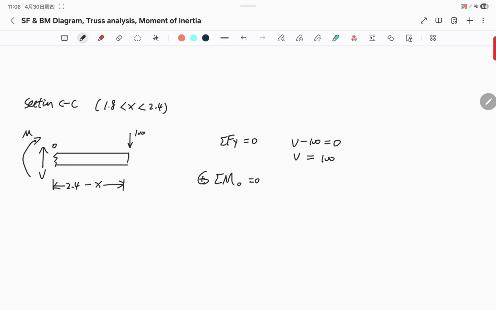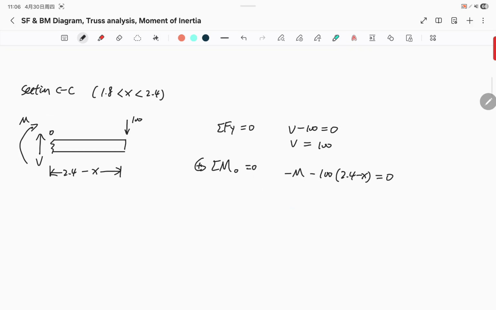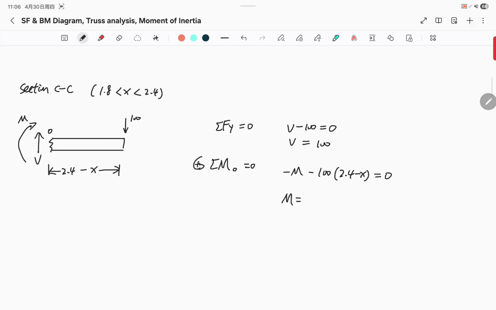So by convention, we have a negative M. And then we also have the 100 Newton force creating a moment, negative 100 times the distance, which is 2.4 minus x. So by isolating M, I got 100x minus 240.